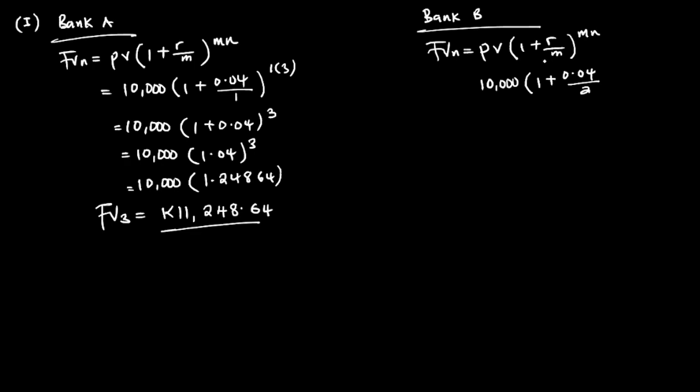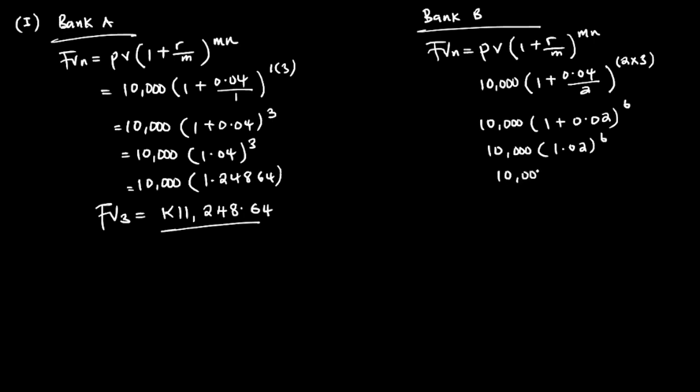There are 2 semesters in a year. The MN will be 2 multiplied by 3. So 10,000, 1 plus 0.02, which is the answer when you divide 0.04 by 2, to the power 6. So 1 plus 0.02 gives us 1.02 to the power 6.